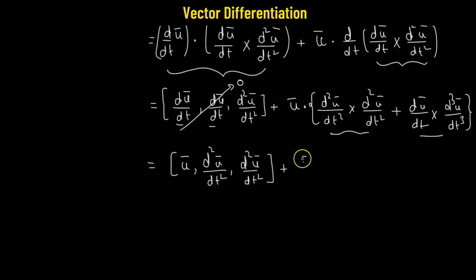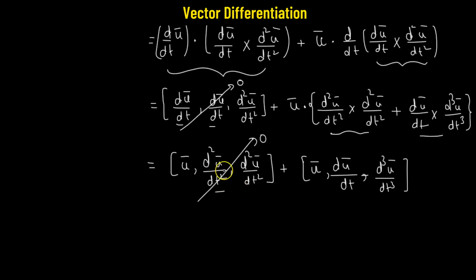This is also the scalar triple product between u vector, the first derivative of u with respect to t, and the third derivative of u with respect to t. Now the first term goes to 0 because we have the second derivative of u with respect to t repeating. So we are only left with the scalar triple product of u, the first derivative of u with respect to t, and the third derivative of u with respect to t.